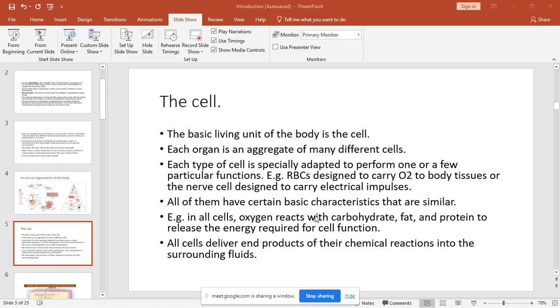If you look at the smooth muscle cell that we looked at, it is a cell, but it has special attributes. What are these special attributes? It is made up of myofibrils that are able to make it shorten.